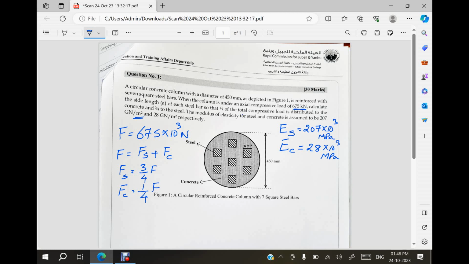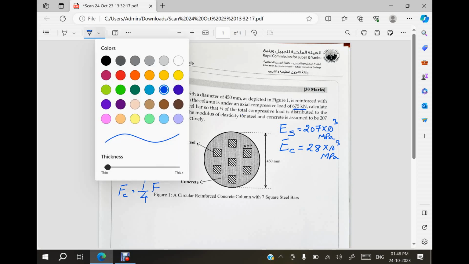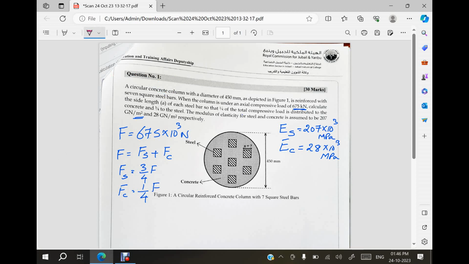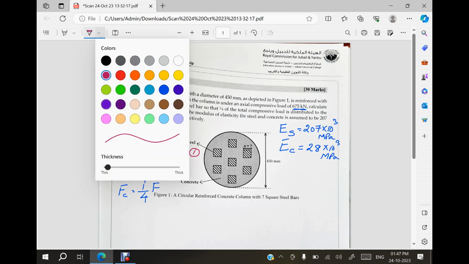Now we know the formulas. What are the formulas? You know, delta L of steel and delta L of concrete is the same, is it not? So let me call this equation number 1. Now I will have equation number 2.